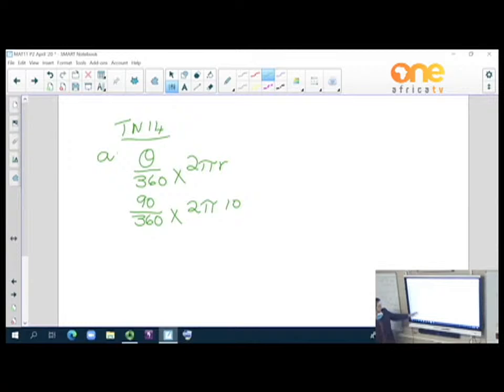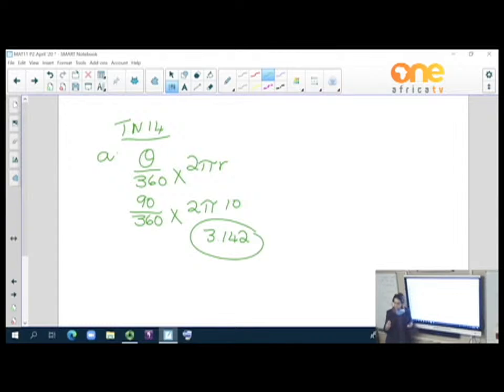We can simplify this now to a quarter, but you can also just multiply it. So we're going to say a quarter, or you can say 90 over 360 times 2 times pi times 10. Just look here, you may use for pi 3.142.